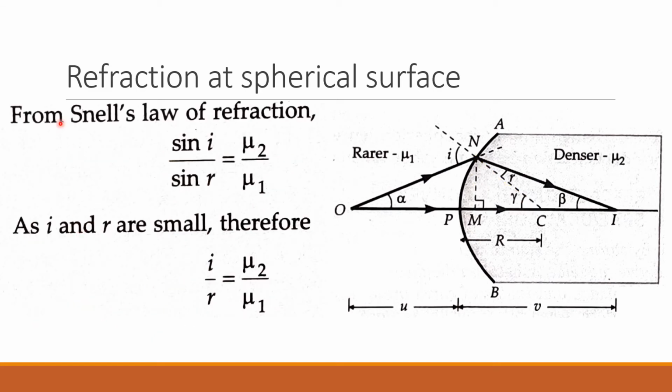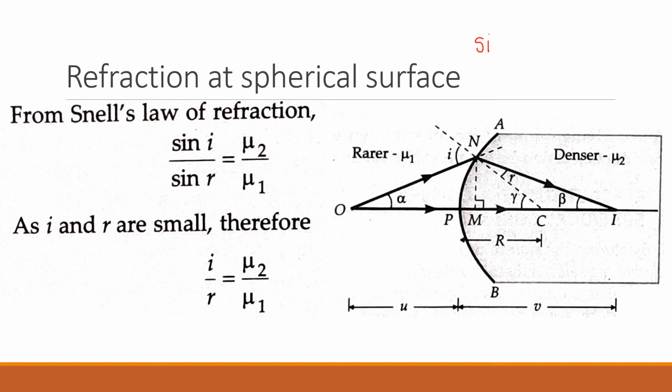Now, from our Snell's law of refraction, we know sine I by sine R equals mu2 by mu1. If you remember, I had already explained this Snell's law.